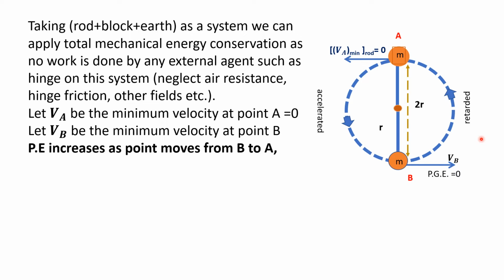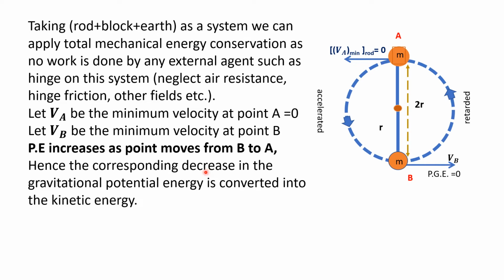At the bottommost position, the potential energy level is 0, and at the A position, its potential energy is more. But the kinetic energy decreases, so it is called a retarded path. And when it is coming from the uppermost position to the downmost position, potential energy decreases and kinetic energy increases. So it is called an accelerated path.